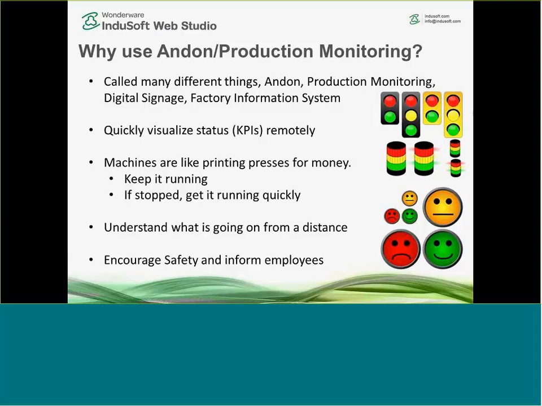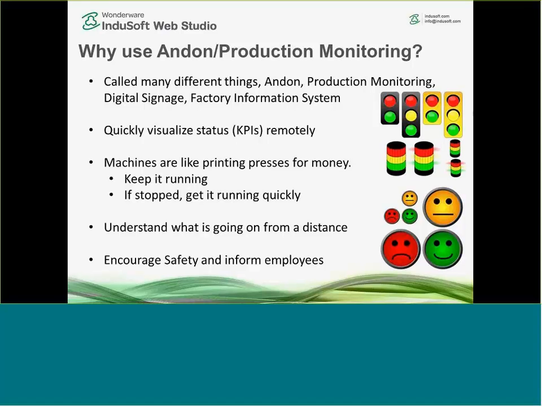And so the idea of this production monitoring system is remotely and from wherever a supervisor's at, or any employee for that matter, to be able to keep machines or cells or many different machines running as long as you can, keep that uptime going. And if it's for whatever reason stopped, understand why it stopped and get it running again quickly. Again, making that printing press for money, start printing money again.